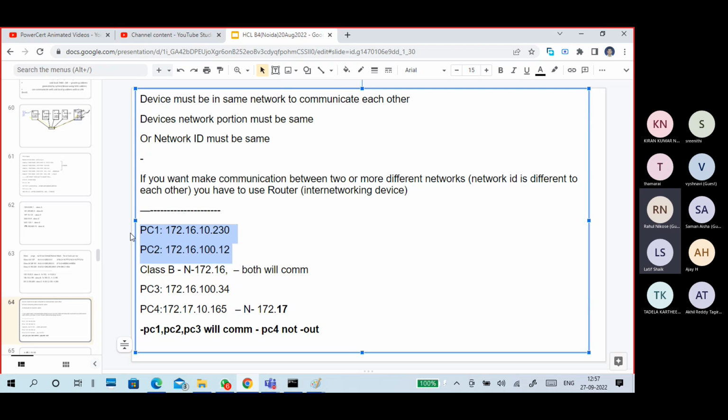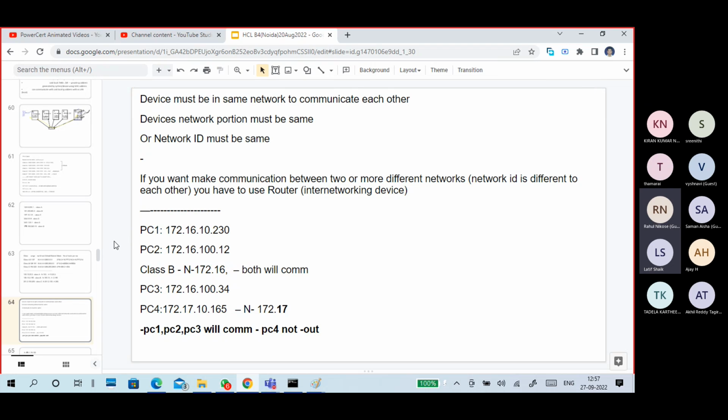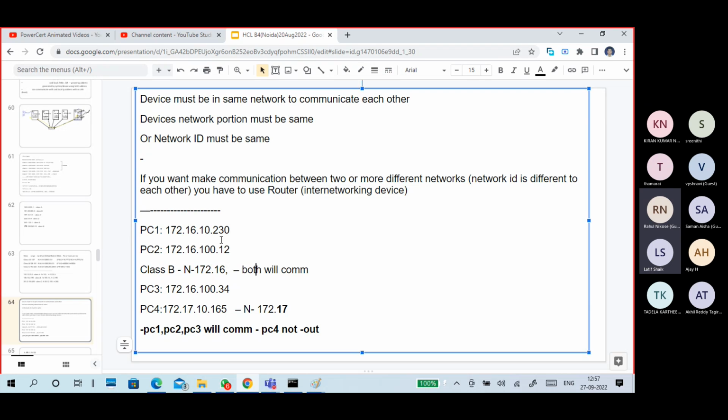So PC1 and PC2 will communicate with each other. Next, PC3 is added. Check the same network: 172, 16, same. And this PC also will communicate, so PC1, PC2, PC3 can communicate with each other.